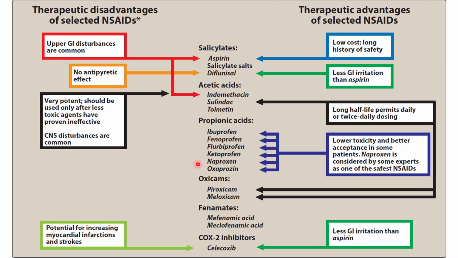Others like ketoprofen are more effective. Naproxen is one of the safest NSAIDs, and it can be used in old patients.